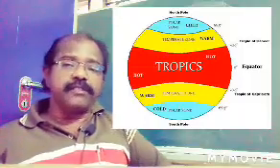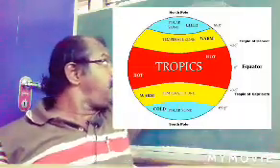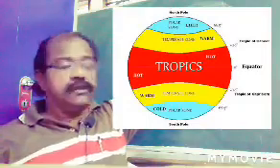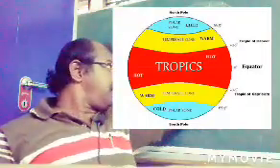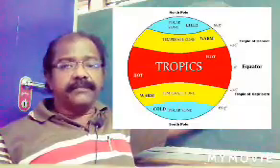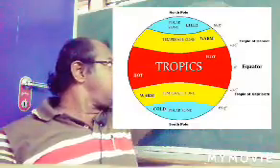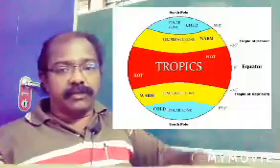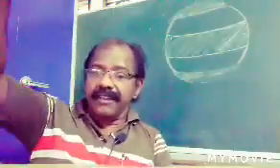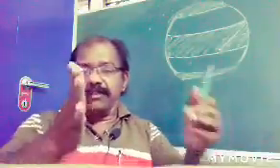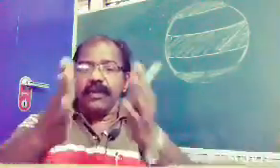These subpolar low pressure belts are there here and there also. So from here the wind moves towards that side. From here the wind moves towards this side. At the same time, the wind moves from here to there and from there to here also. Which wind is moving like that? The descending cool air splits into two.